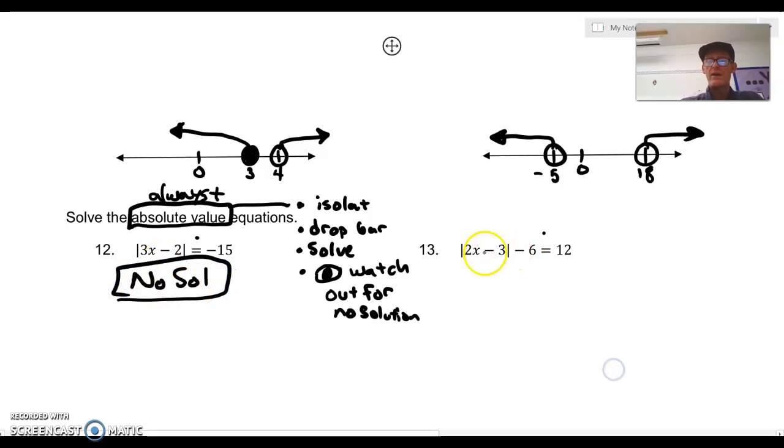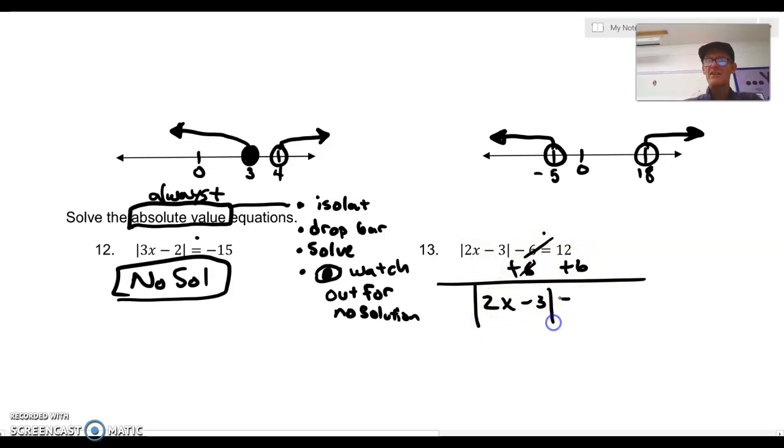Okay? All right, I have to isolate first. So in this problem, I'm going to add 6. And remember, these have two solutions. So the absolute value of 2x minus 3 equals 18. Now, I have to apply the rule for absolute value.